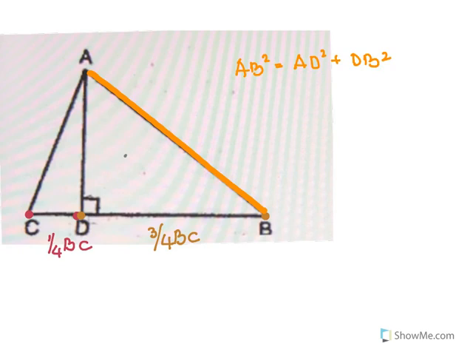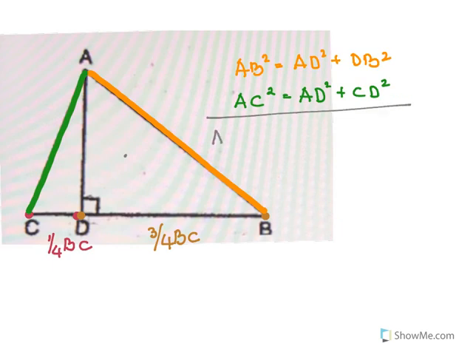Then you used Pythagoras theorem in the other triangle for AC. So you have here AC square equal to AD square plus CD square. Next you subtracted these two. So on subtracting, got AB square minus AC square, this cut off. So you got DB square minus CD square.